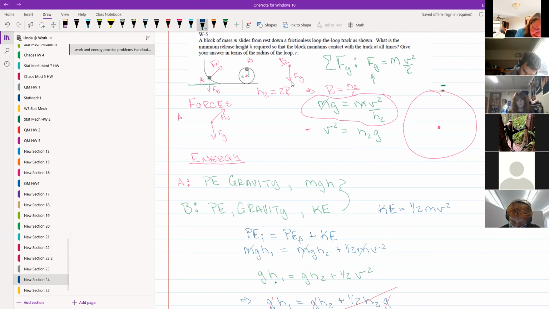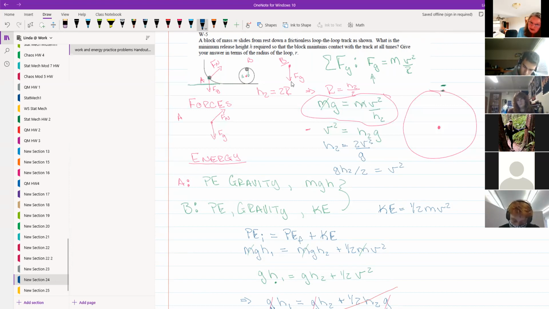I'm sorry, go ahead and say it again. My brain just totally vapor locked on me. H2 should equal 2v squared over g. There we go. 2v squared over g. And we want v squared. So g H2, there we go. Now I'm happy. Divided by 2 equals v squared. Any questions? Because I just made my brain short circuit. So if I've left you lost, speak up now.